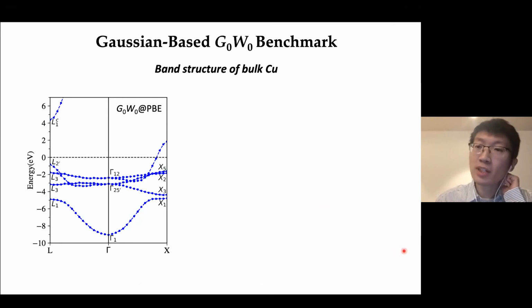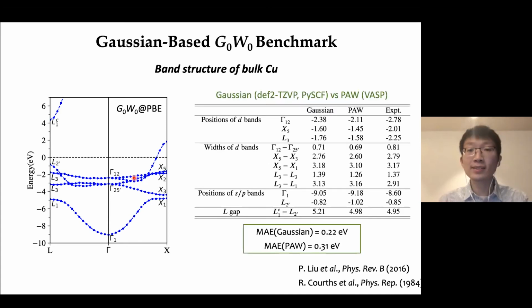And in addition to semiconductors, we also did a test on one metallic system, which is bulk copper. And here is just the band structure computed at the GW at PBE level using the Gaussian-based GW method. We could also do some comparison against other GW implementations. Here, we are comparing against the PAW-based GW implemented in VASP, and also against experimental values.